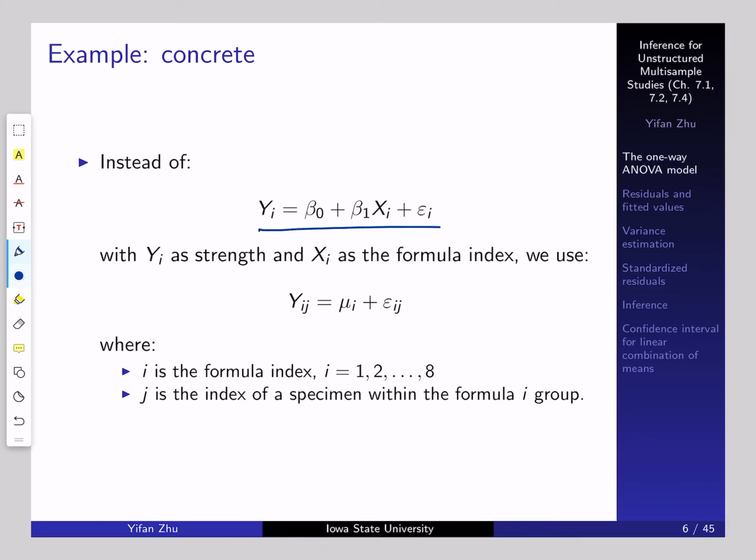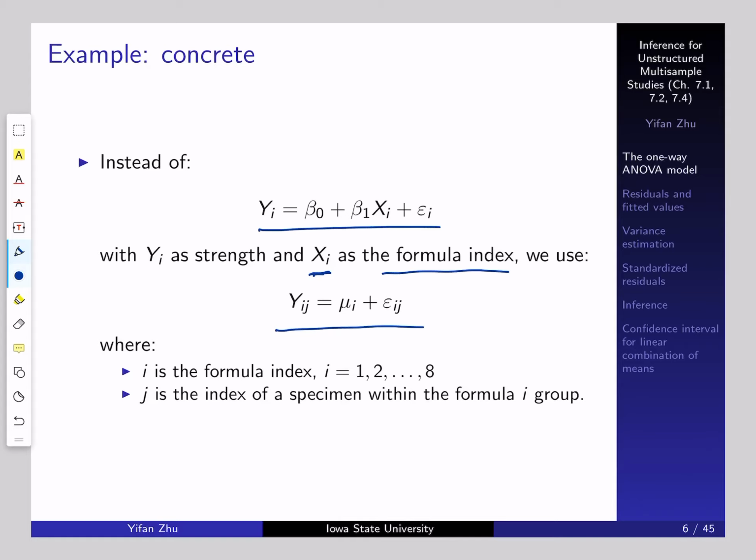Instead of the simple linear regression, we will do this. For the x, the covariate here is the formula index. And in a one-way model, we do not use this x as the explanatory variable as in SLR.